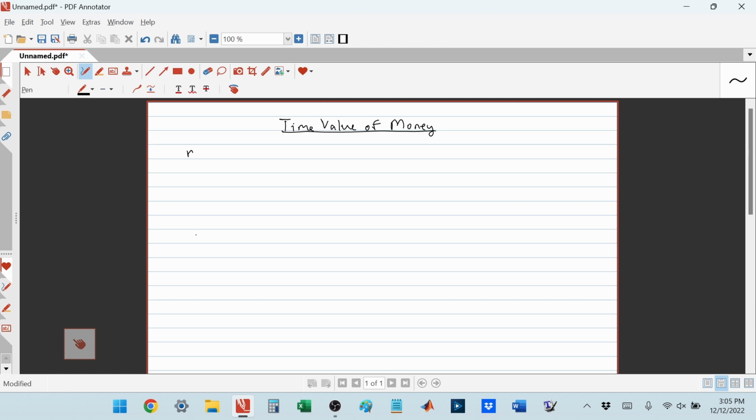an interest rate, say R, per year, then you would prefer to receive $1 today rather than to receive $1 a year from now. Why?